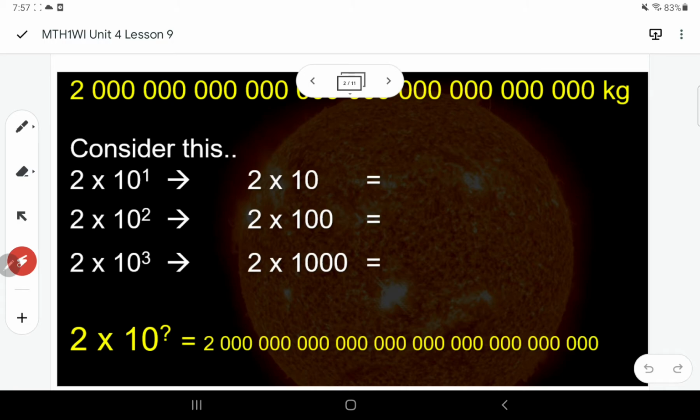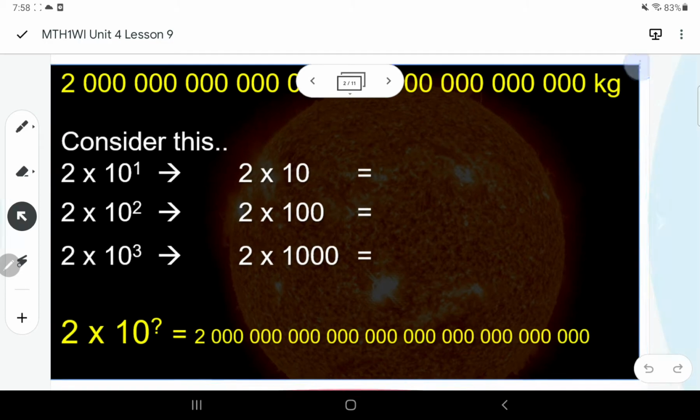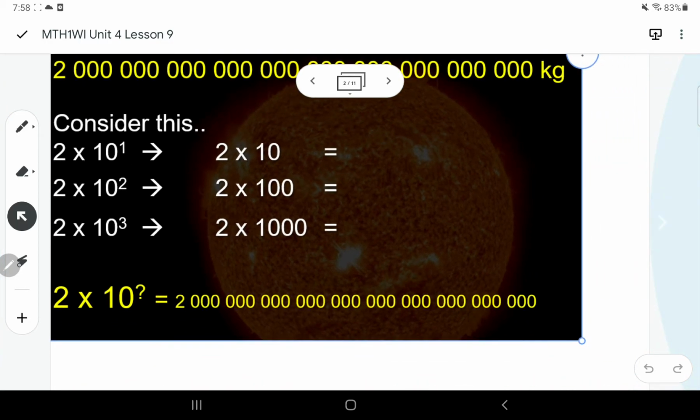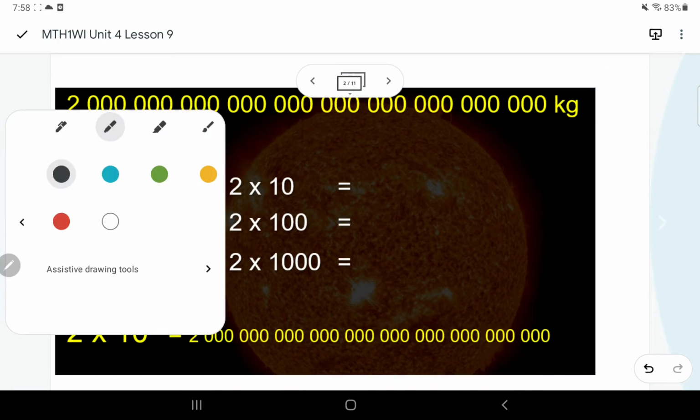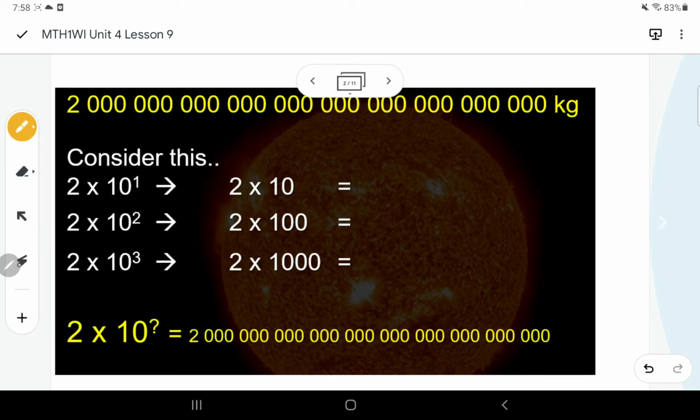So what we're going to do is talk about a way to deal with that really large number that is a 2 with 30 zeros after it. And we're going to look at multiplying 2 by different exponents of 10.